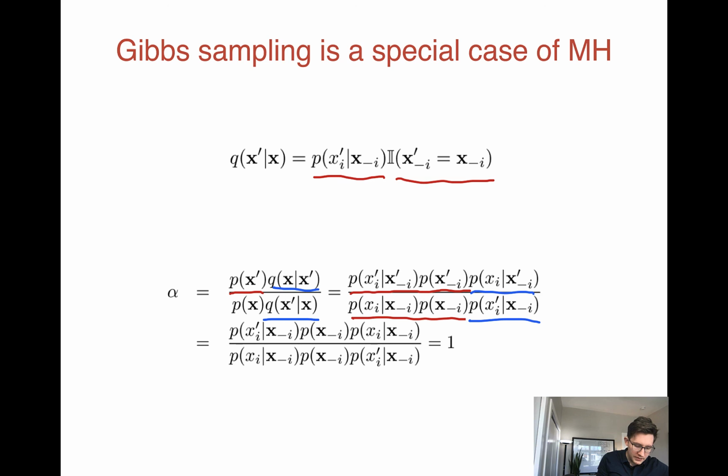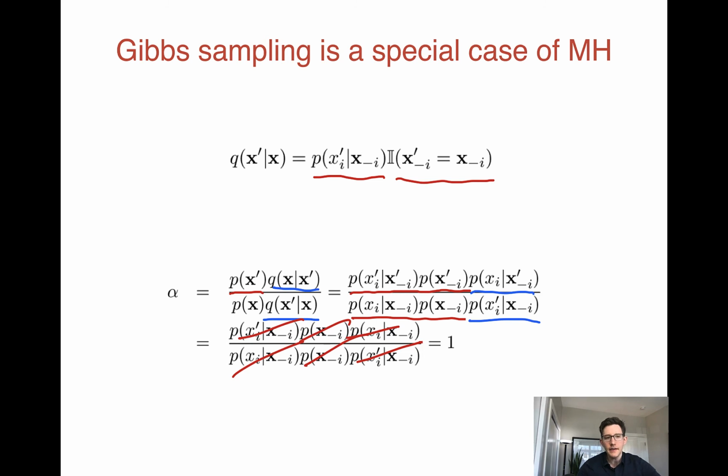Now notice that x minus i prime and x minus i are equal. So I've just replaced them here. So these cancel too, and those cancel. So this whole thing is just always 1.